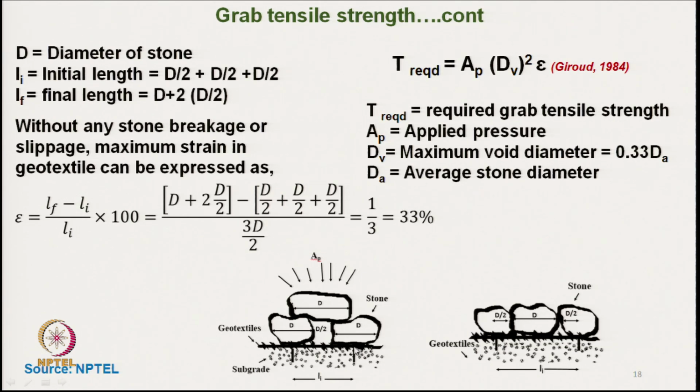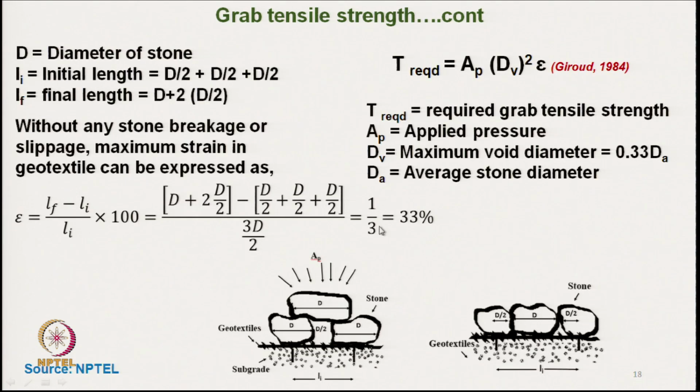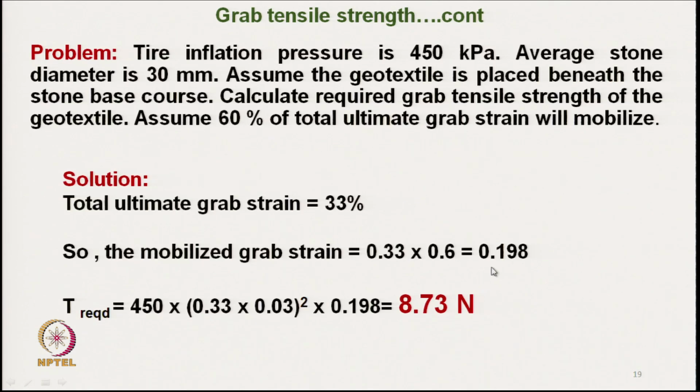If we assume the grip is proper, there is no sliding, then it will be 0.33. If 60% is being used, the actual mobilized grab strain is 0.6 multiplied by 0.33. 0.33 is 1 by 3, so that strain multiplied by 0.6 gives 0.198, which is the actual strain of the geotextile.